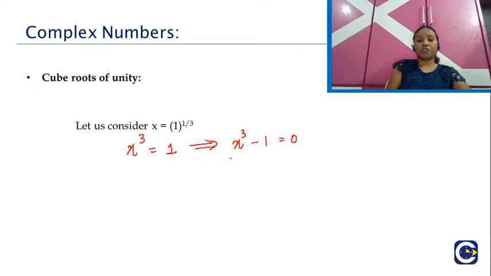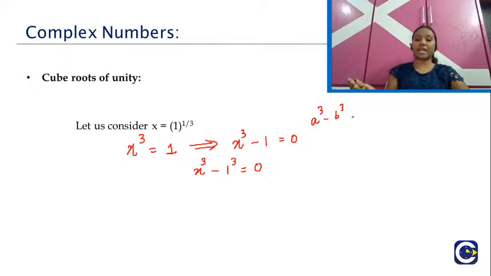Right. So if you observe, this is in the identity form, that is x cube minus 1 cube is equal to 0, which means it is in the form of our identity, a cube minus b cube. So if we have a cube minus b cube, what is the expansion of it? That is a minus b into a square plus b square plus ab.